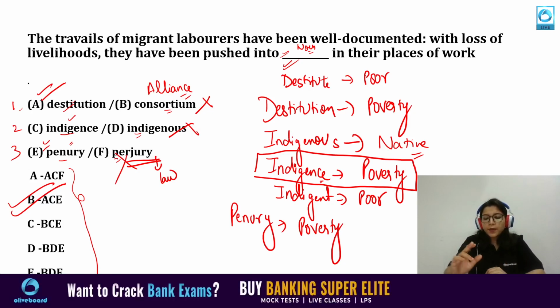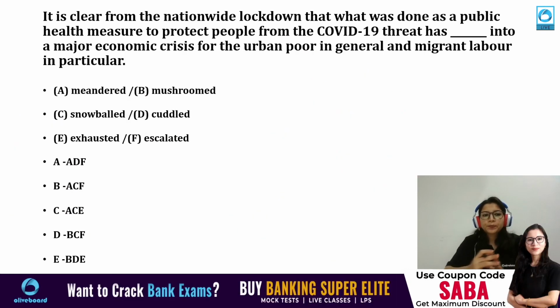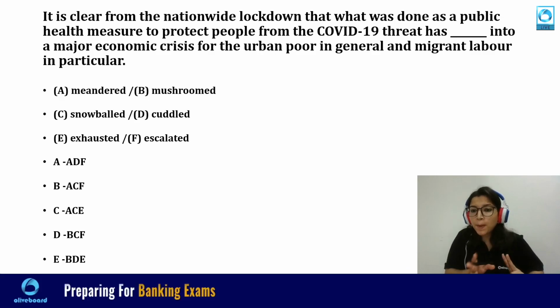Okay? Let's see one more question based on this pattern. Concept is clear. Same pattern.